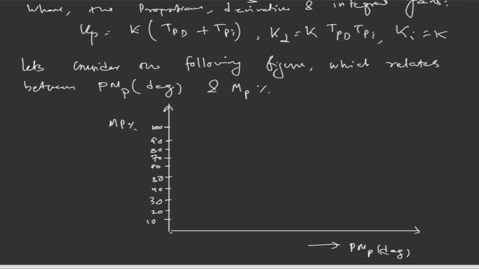And the phase margin in degree, let's assume this is 10, 20, 30, 40, 50, 60, 70, and 80. And the relation between these we can come up with like this.